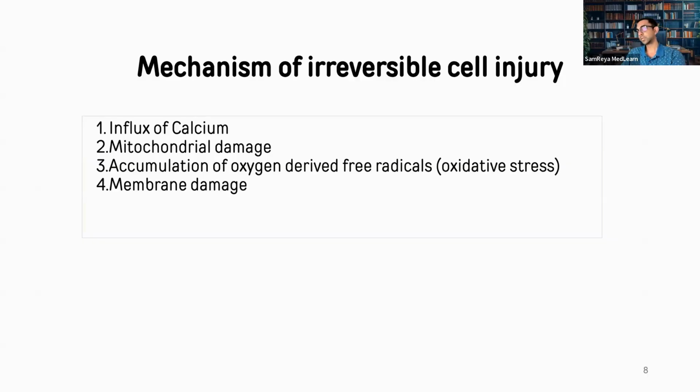A lot of students ask me this question: is there a continuum? Our answer is yes, there is possibly a continuum, because early stages of injury are reversible and late stages are irreversible. This is an ongoing process. But the question somebody would be very interested in is, when does reversible become irreversible?